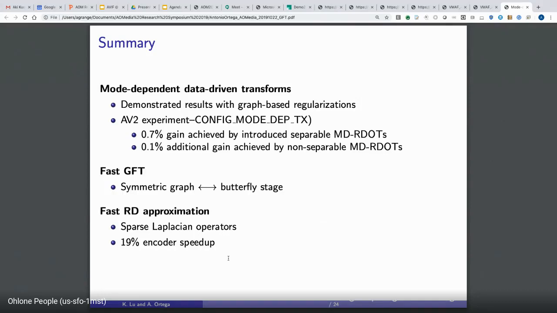No, that one is not the fast transform. For that, you need to have a symmetry in the graph, and we've done experiments where we learn a graph from data, and we force that graph to have symmetries. Then you can exploit that initial stage of butterfly operations. Okay, thank you.